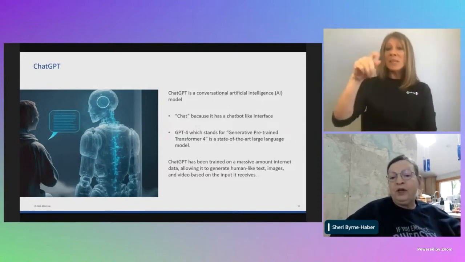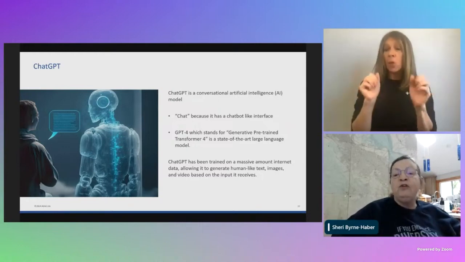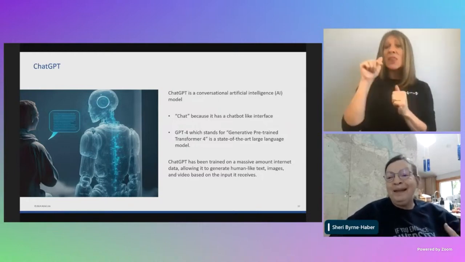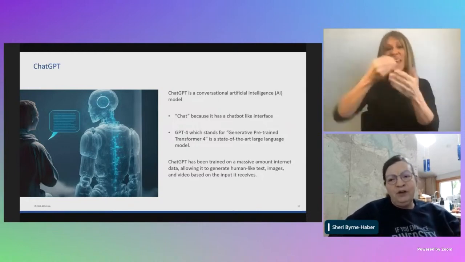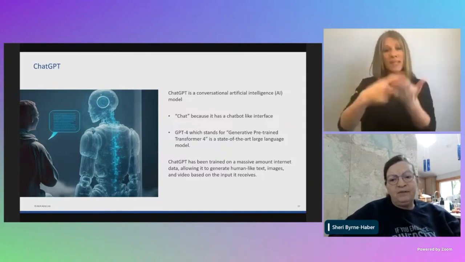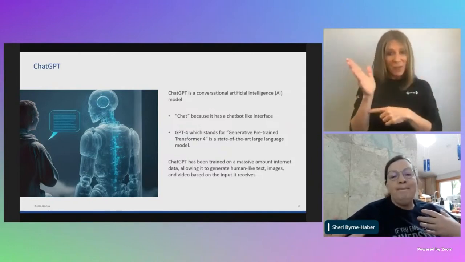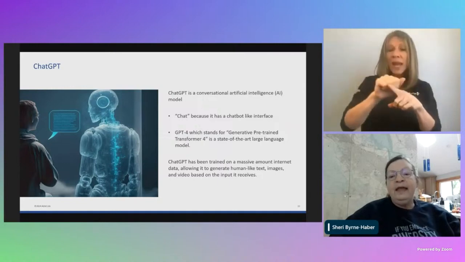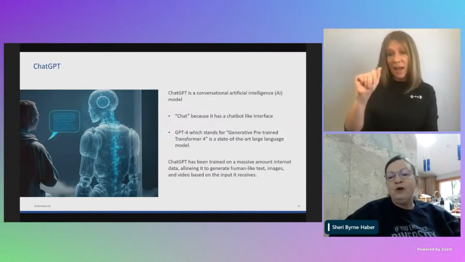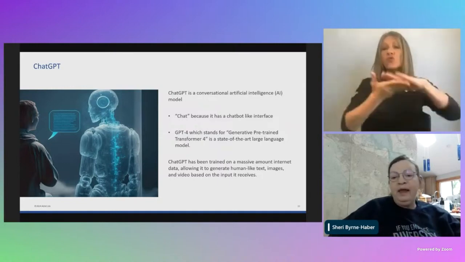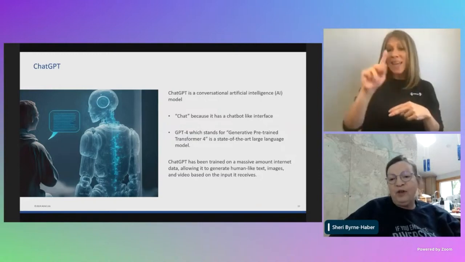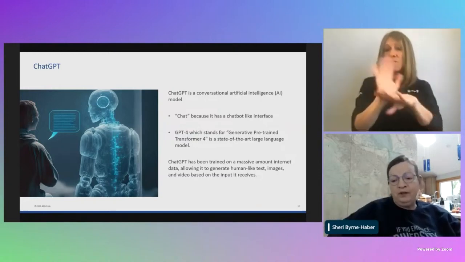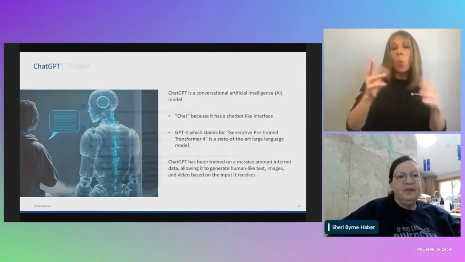ChatGPT-3 is free with some limitations. So this is that computationally expensive LLM that we talked about at the beginning of this conversation. It's been trained on massive amounts of data, and it allows it to generate human-like text, image, and video results based on the input that the user provides it.